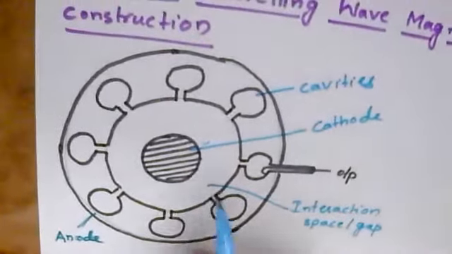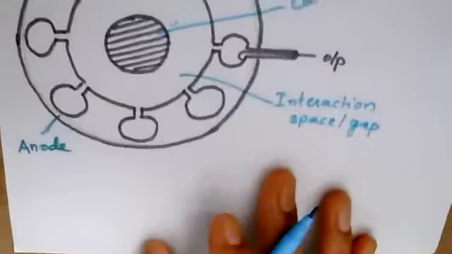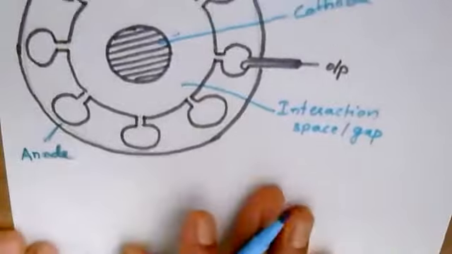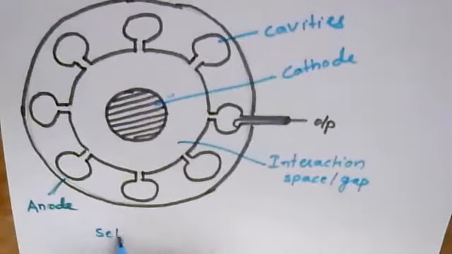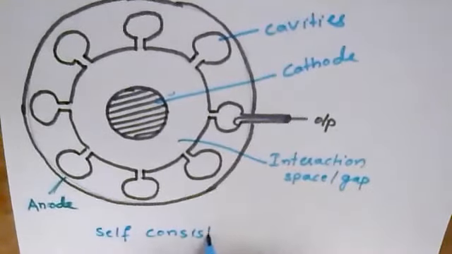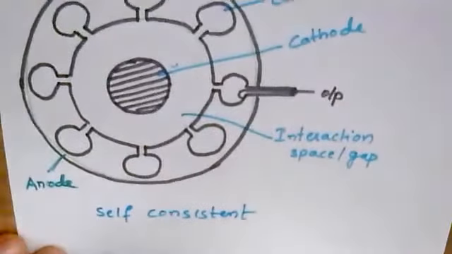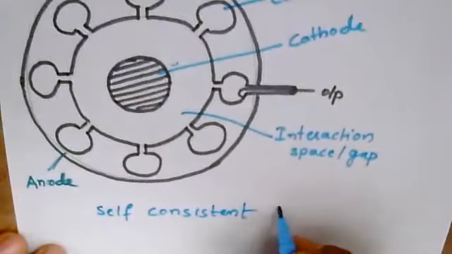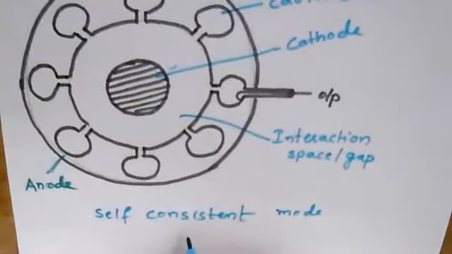For that, there are some conditions it has to satisfy, that is self-consistent. Always the magnetron should satisfy the self-consistent property, or self-consistent mode. Okay, so what is self-consistent?